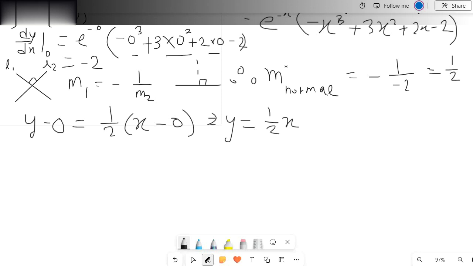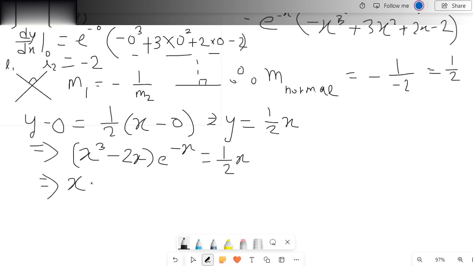Because the normal meets the curve again, we have to equate both of the functions. So we can write x cubed minus 2x multiplied with e to the power minus x equals half x. We can take a common factor of x here, and we get x multiplied with e to the power minus x multiplied with x squared minus 2 equals half x.